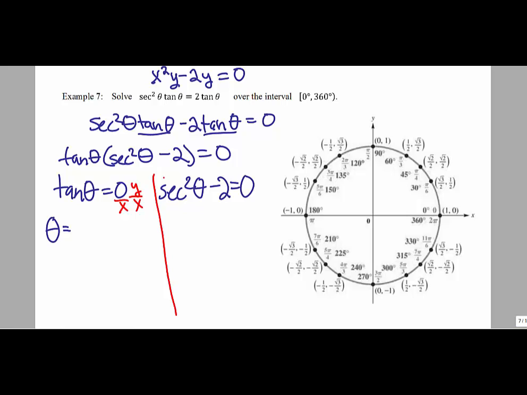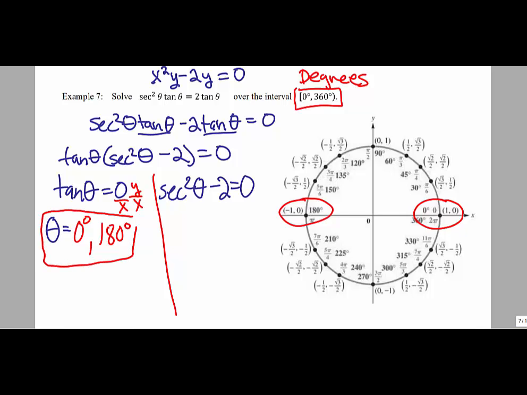So points on our unit circle that have a y value of 0. That would be right here at 0 degrees and 180 degrees. So we're working in degrees, just to remind us there. So 0 degrees and 180 degrees would be places where we have tangent values of 0.